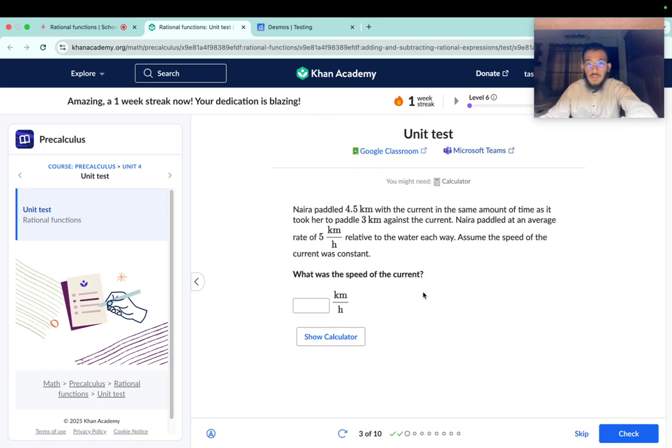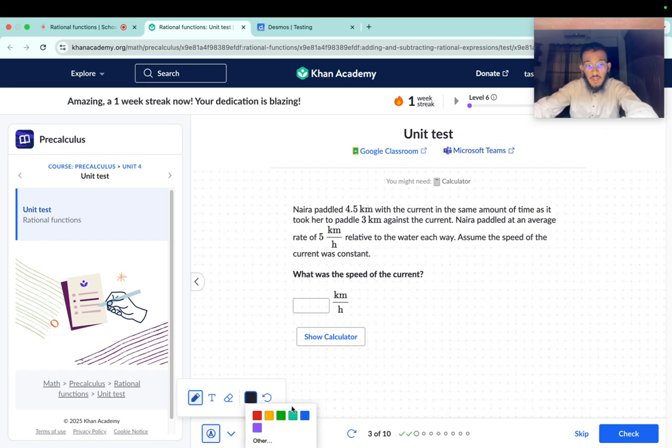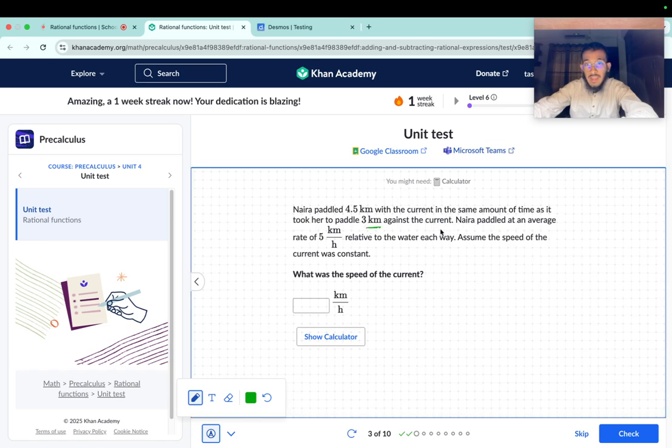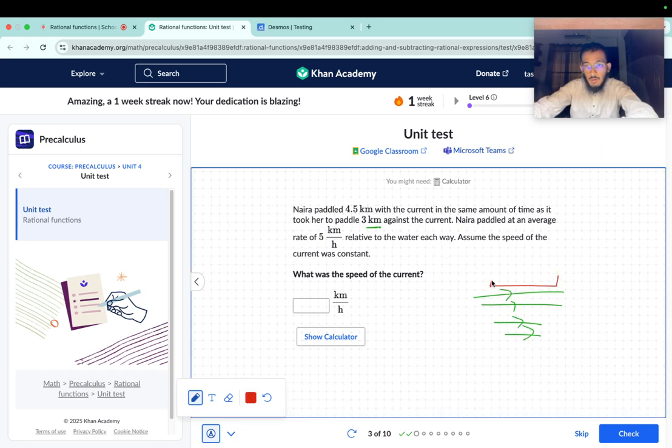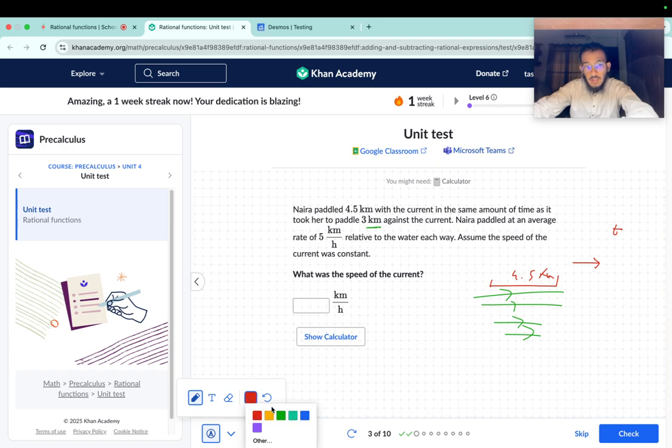All right. So we have Naira paddled 4.5 kilometers with the current in the same amount of time as it took her to paddle 3 kilometers against the current. So we have a current in this flow, let's say, and this person has paddled 4.5 kilometers with the current in the same amount of time, let that be t, as it took her to paddle 3 kilometers against it.